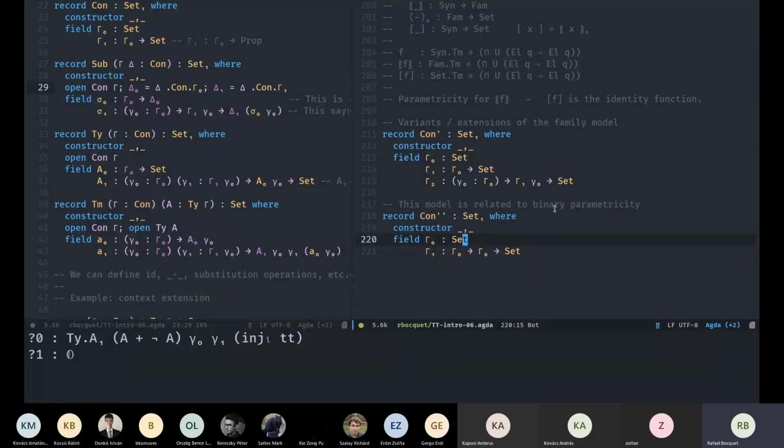Right, yeah. So actually, in the end, we want to do the same, I think.